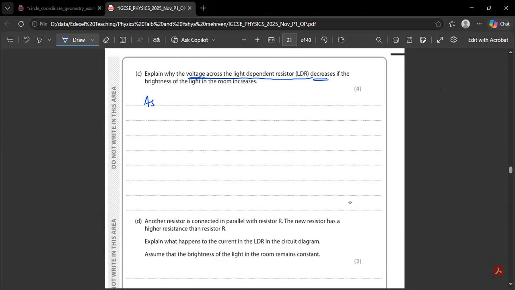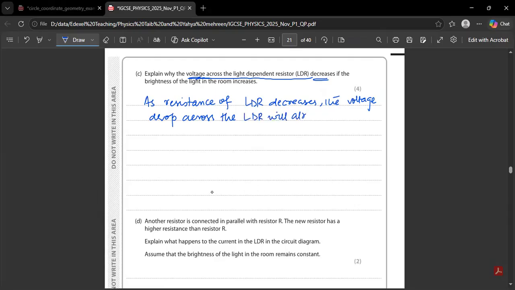So as the resistance of LDR decreases, the voltage drop across the LDR will also decrease due to the increase in the brightness of the light in the room, right?